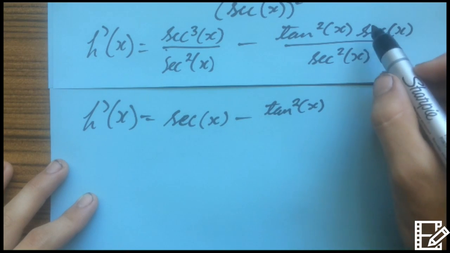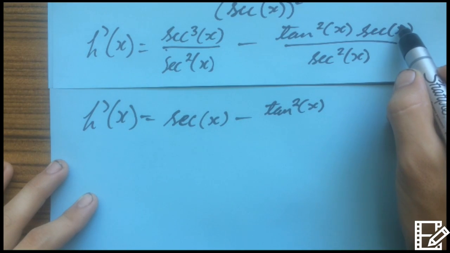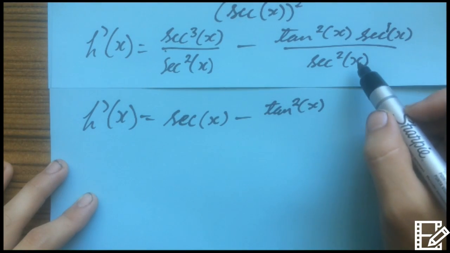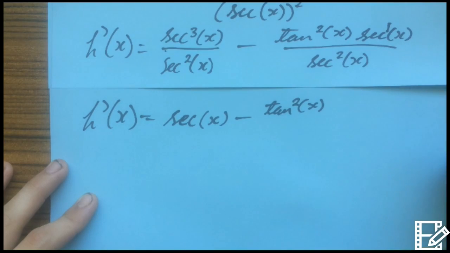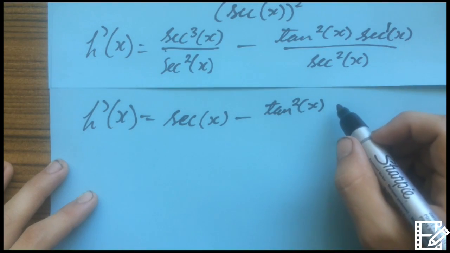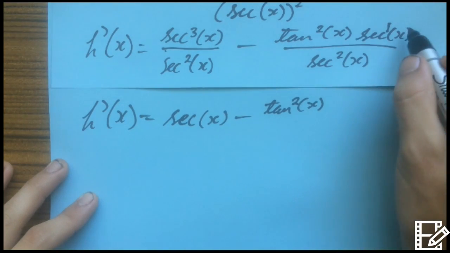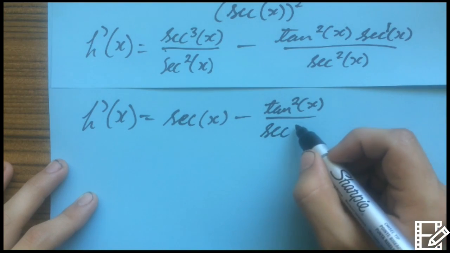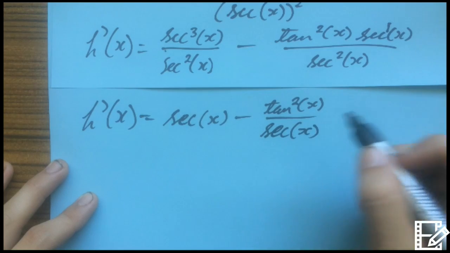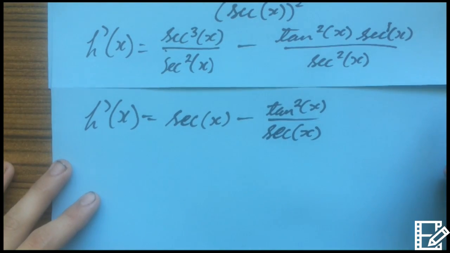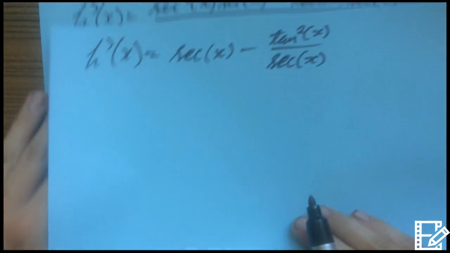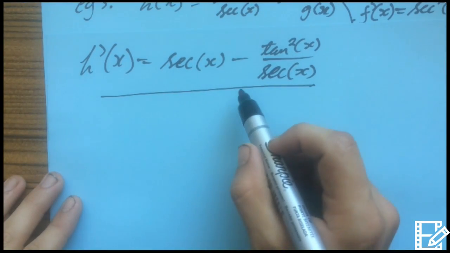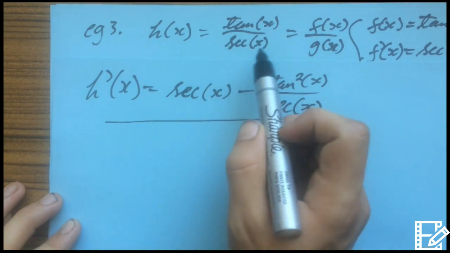And then you have multiplied by sec to the power of 1 divided by sec to the power of 2. So you take 1 off the power, and that's what you have. So this here is the first derivative of this function up here.